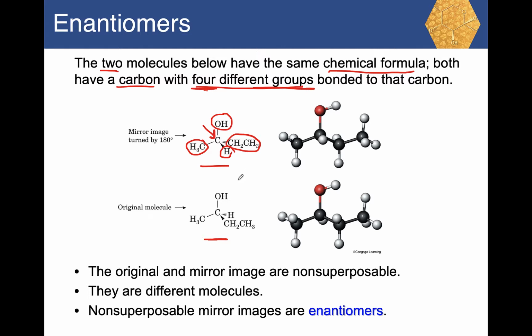The only difference is the arrangement in space. Notice this hydrogen is in front, and here it's in the back, as indicated with this dash. The dash means that it's in the back, and the wedge means that it's in the front.